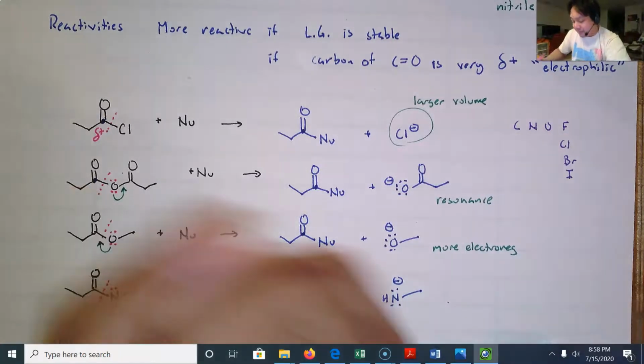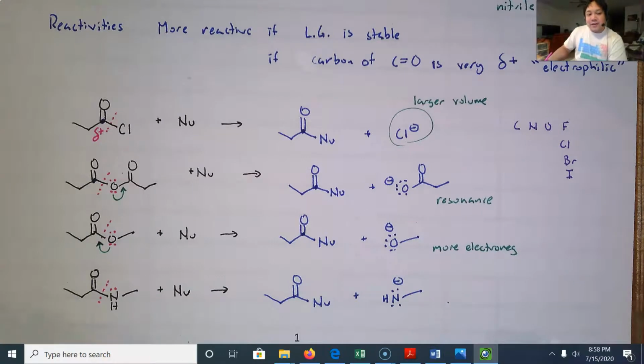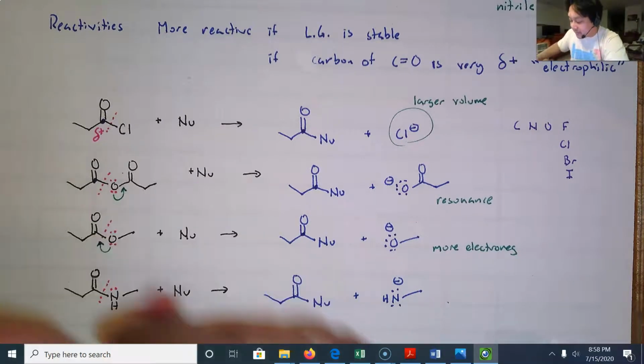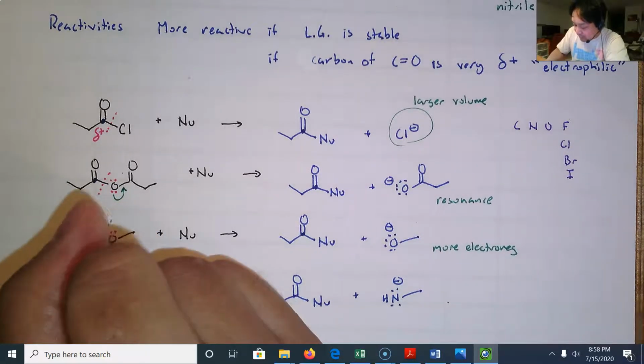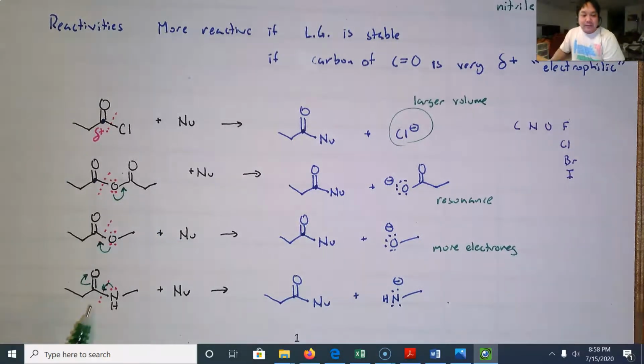And this one here, nitrogen lone pair easily. This is actually very common resonance in an amide. You could also think of it as, if you think back to the acid-base unit, do you remember that ammonia is more basic than water?